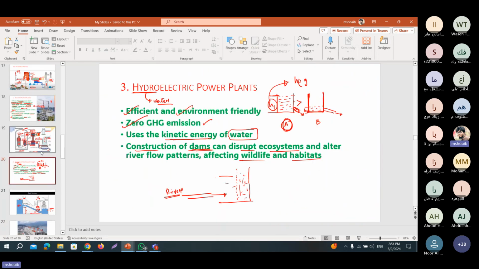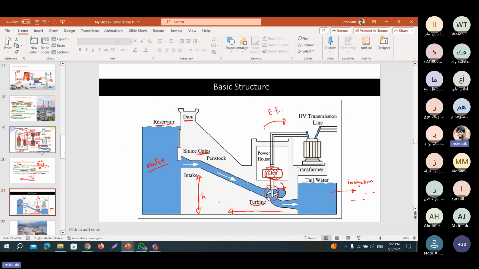Then the hydroelectric power plant. This is a very good option, very environment friendly, with no greenhouse gas emission. It just uses the kinetic energy of water, but you need to have a specific structure. You need a river, a big reservoir of water, and you have to construct the dam and so on. So it needs to be in a particular region of a country.